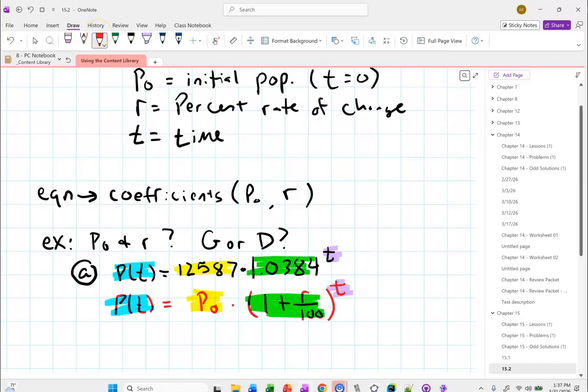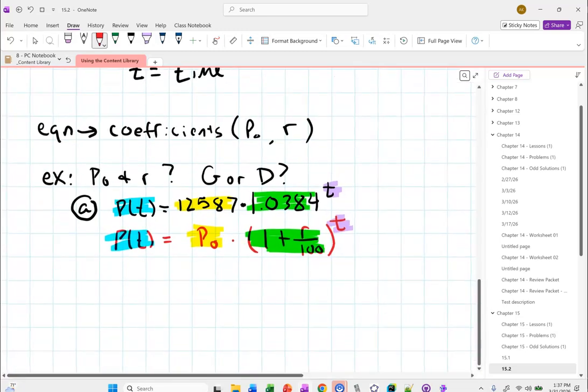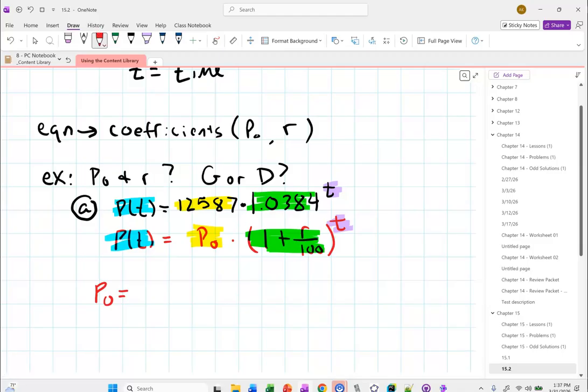Is everybody okay with how the parts of the equation match up with our model? So we can see right away that P naught is equal to what number? 12,587. Everybody's okay there? That should be really easy. I can just read it off the equation.